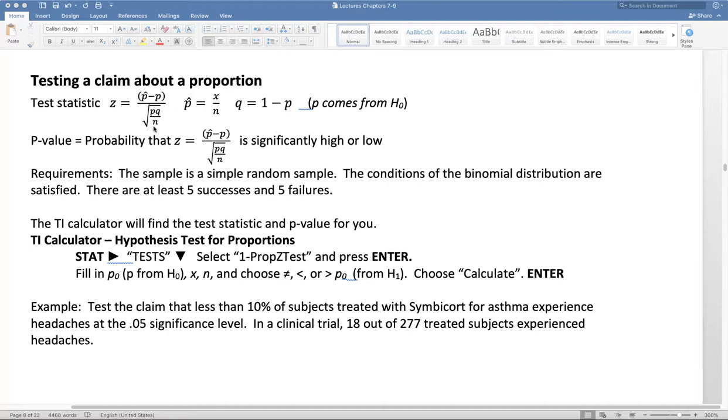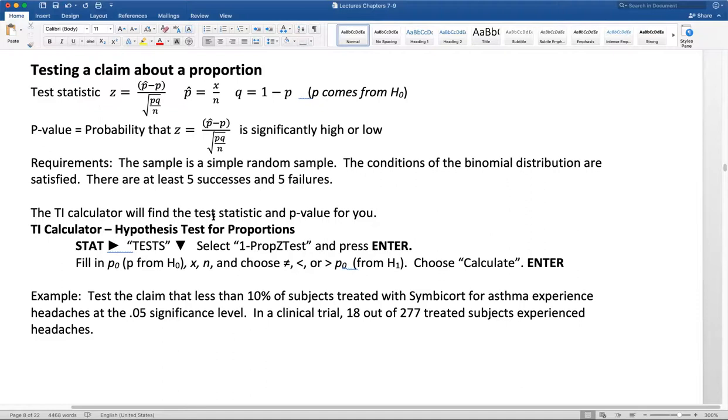We learned about the test statistic and the p-value, right? And the alternative hypothesis, H sub 1, and H sub 0, right? Definitely we're going to use the calculator, and I'll show you. So let's jump into the example.